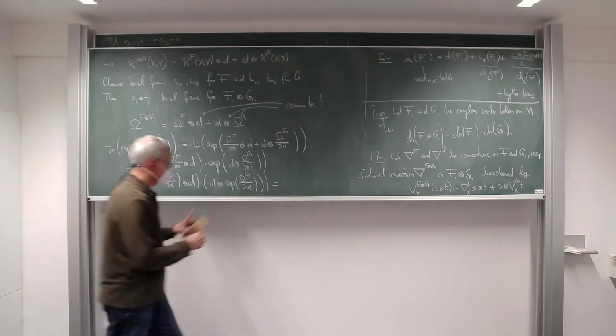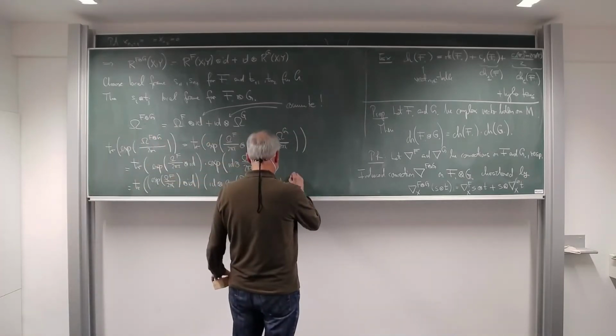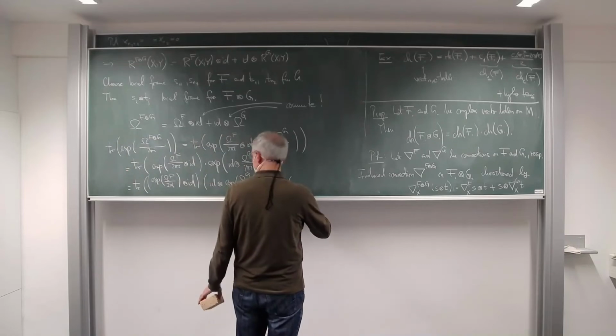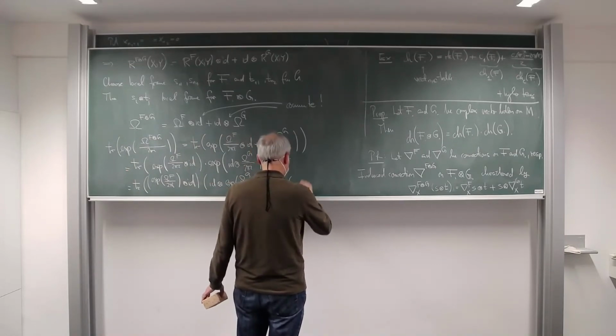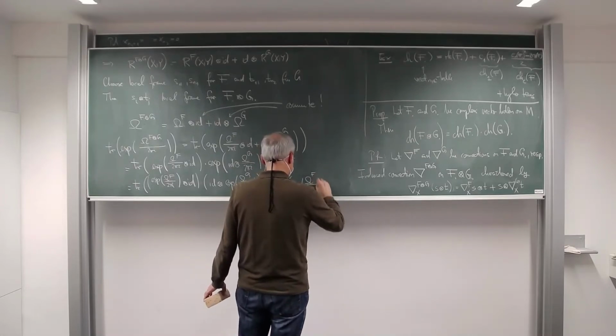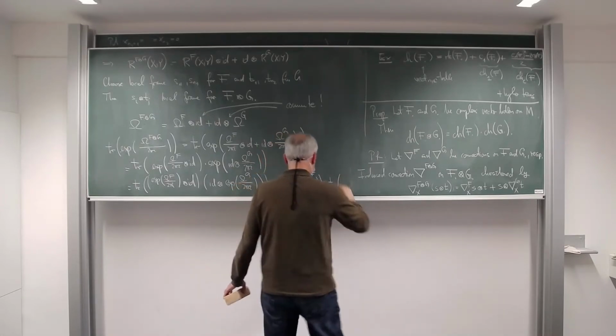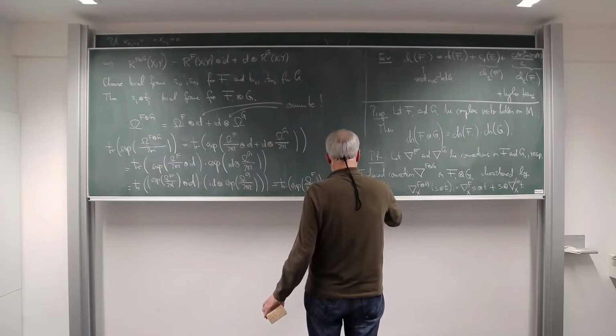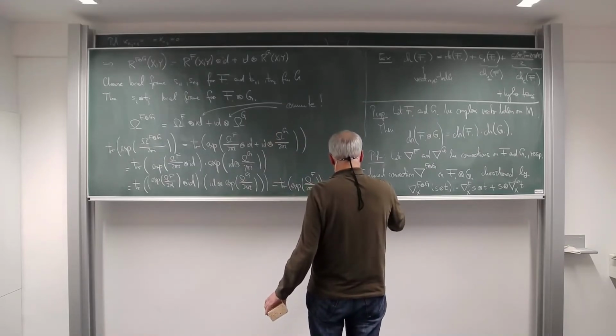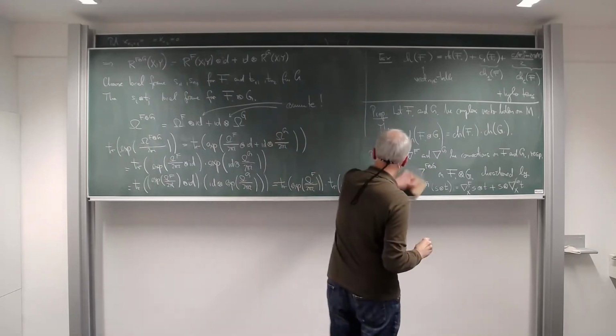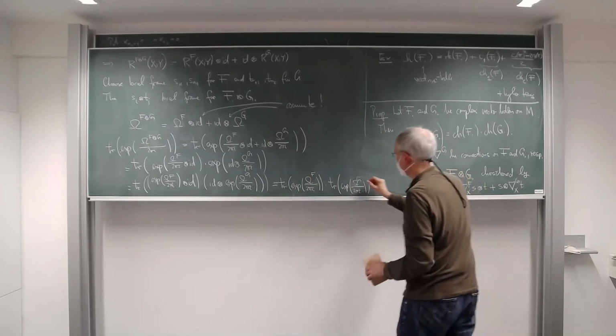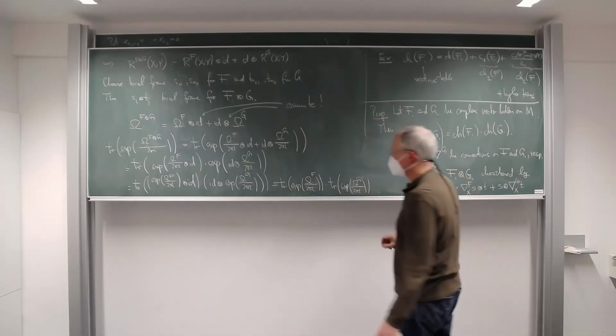Now what I'm claiming is that this is the same thing as the trace multiplied times the trace of this other one. Why is this?